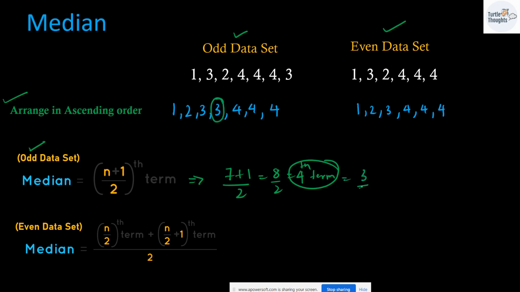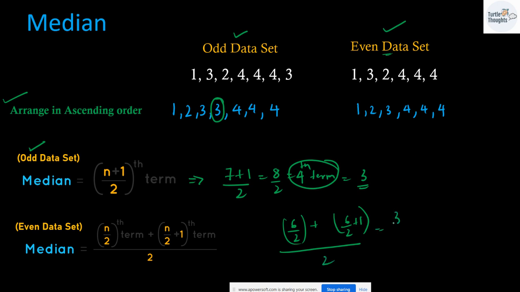For the even data set, it is going to be the average of the n divided by 2 term and the n divided by 2 plus 1 term. Here n is equal to 6. So I can write 6 divided by 2 plus 6 by 2 plus 1, whole divided by 2.